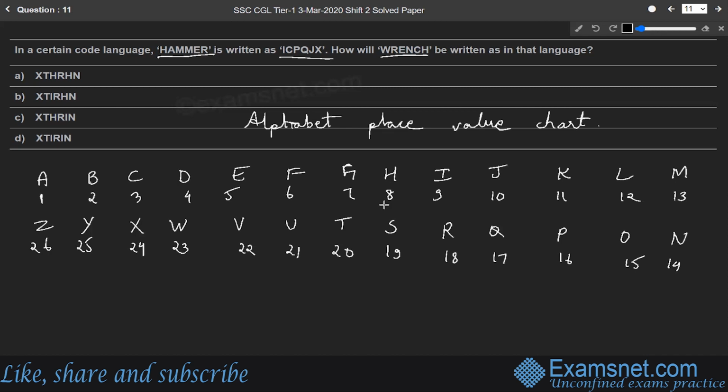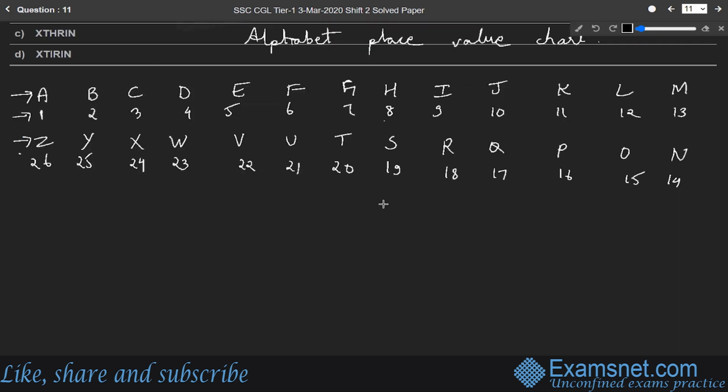So we have made the alphabet place value chart, which consists of the list of alphabets and the list of their positional values. Now, coming to the solution part, it is given that hammer is written as ICPQJX. So first let us write the word HAMMER.